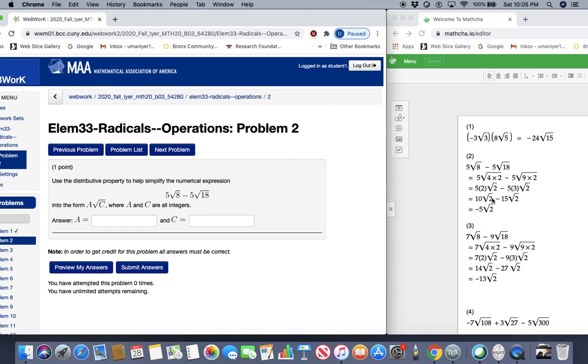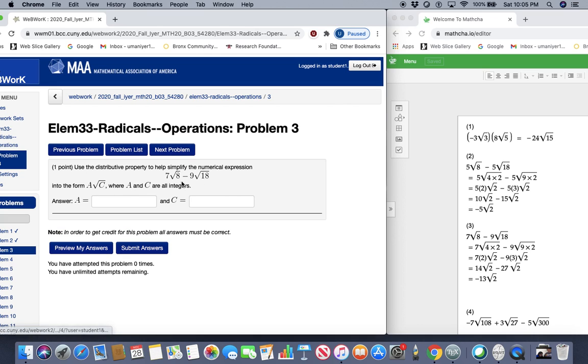You may think of this as some x being the same x here. So 10 radical 2 minus 15 radical 2 is 10 minus 15, that's negative 5 radical 2. So the outer number is negative 5 and the radicand is 2.